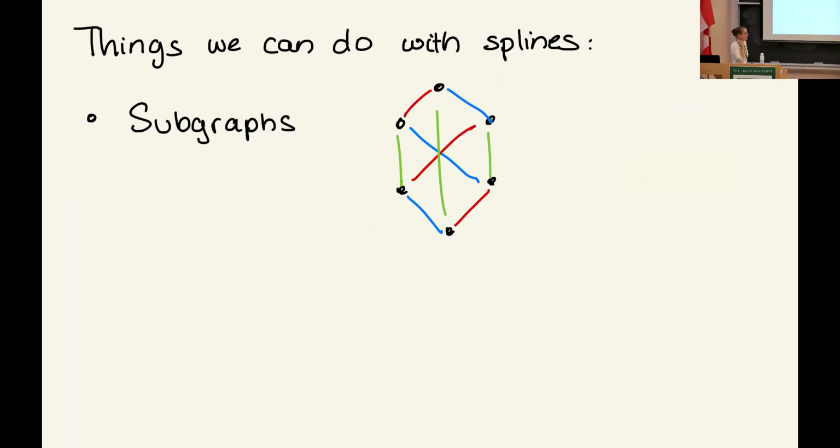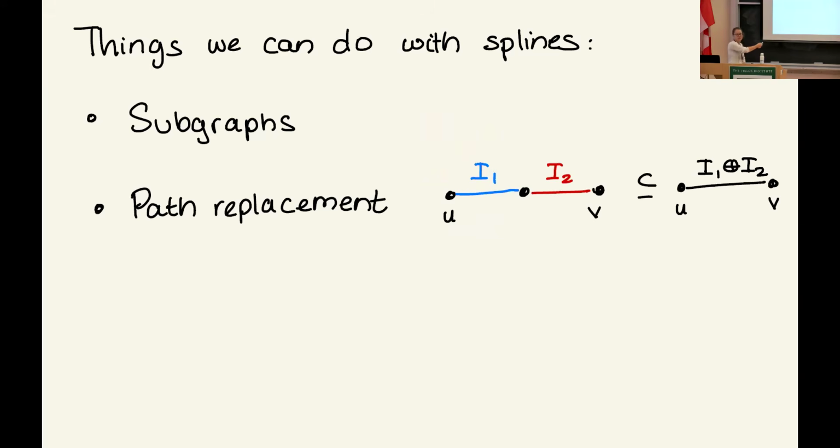So just some things we can do with splines, like the idea of taking subgraphs, like you naturally have this restriction. That was the irregular semi-simple Hessenberg variety, which is very nice and well behaved. But you can erase any edges you want, including silly edges, and still get perfectly good splines. You can do certain kinds of path replacements.